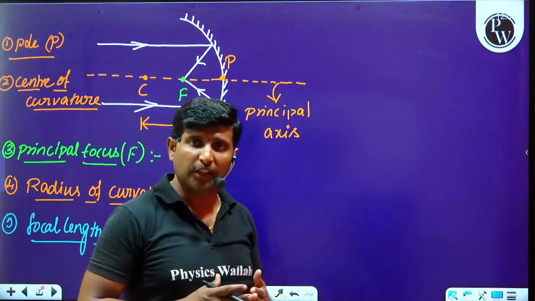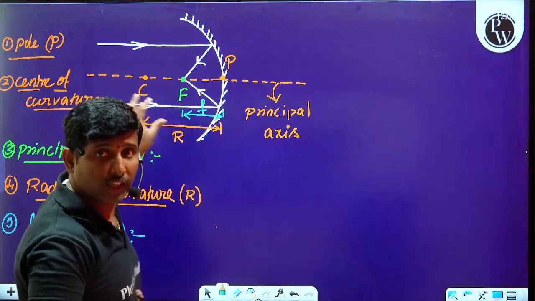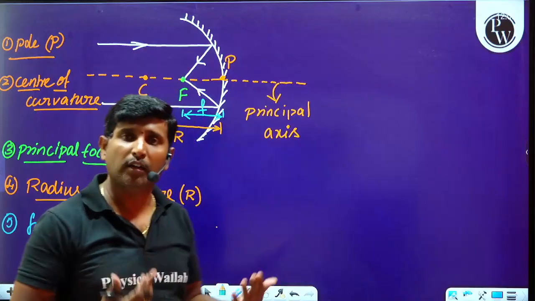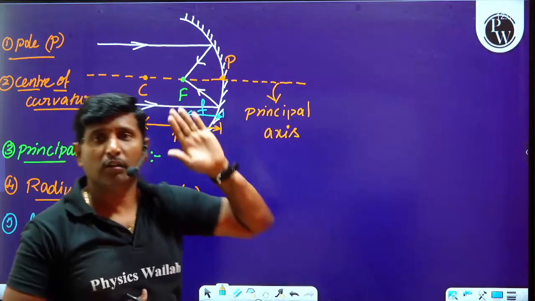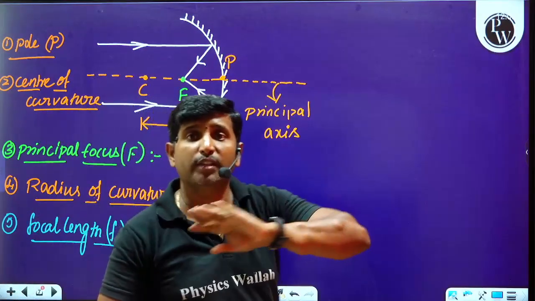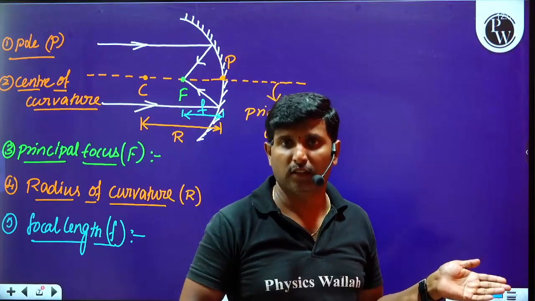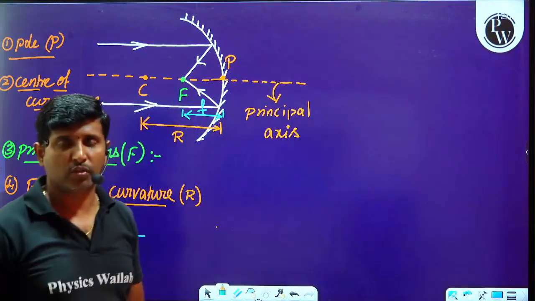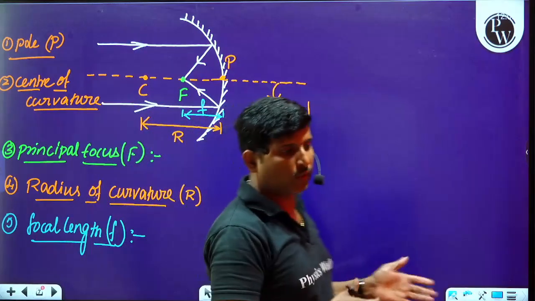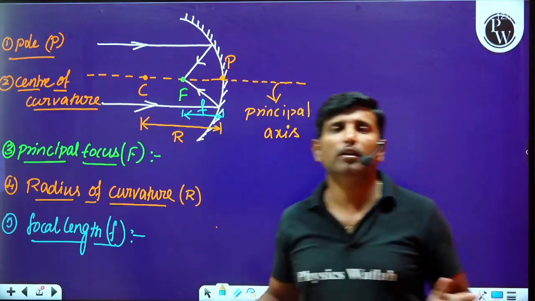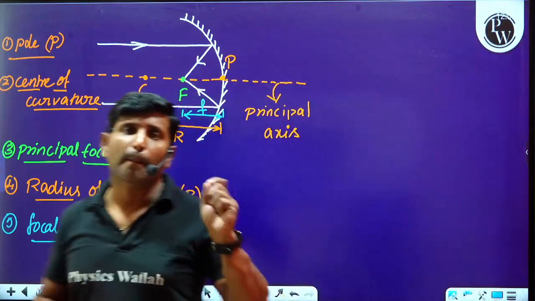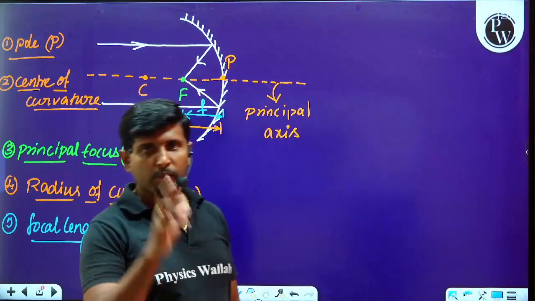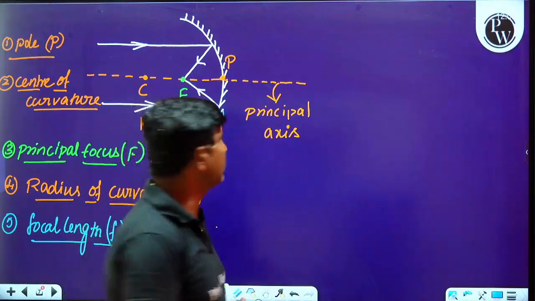Paraxial rays are the rays which are incident near the principal axis, or the rays incident on the mirror at very small angles. Whatever image formation we are studying, all the things are related to paraxial rays. I hope you can understand this.